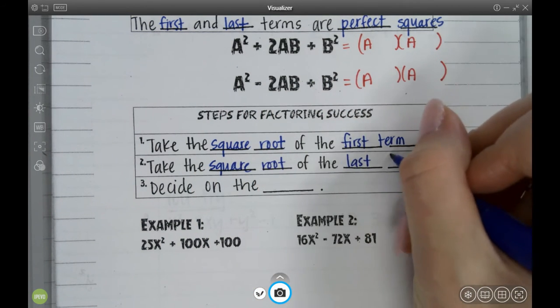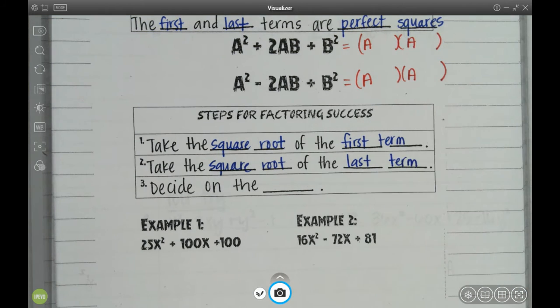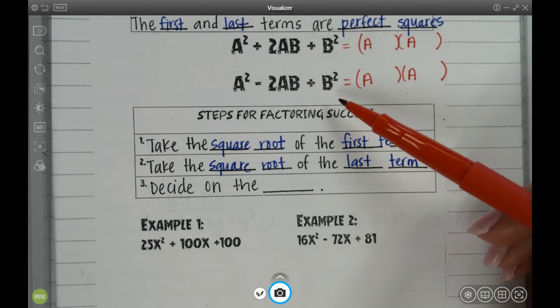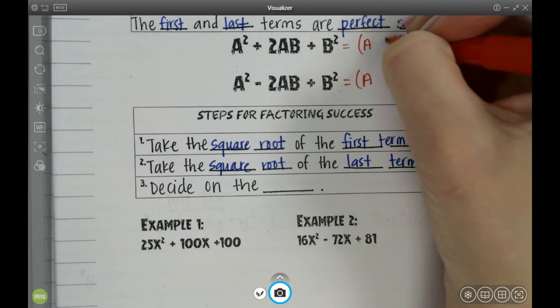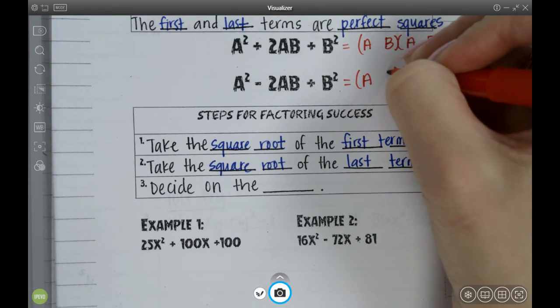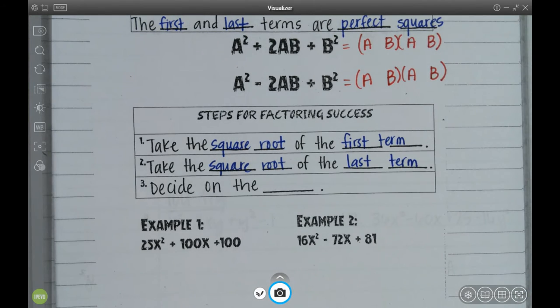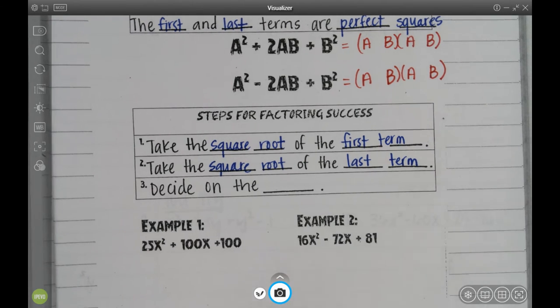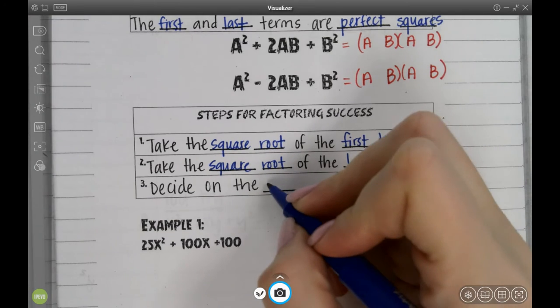Does that sound familiar? Does that sound like what we just did for difference of two squares? What's the square root of b squared? B. Just like last time, it's going to go last in your sets of parentheses. And you're going to decide on your signs.